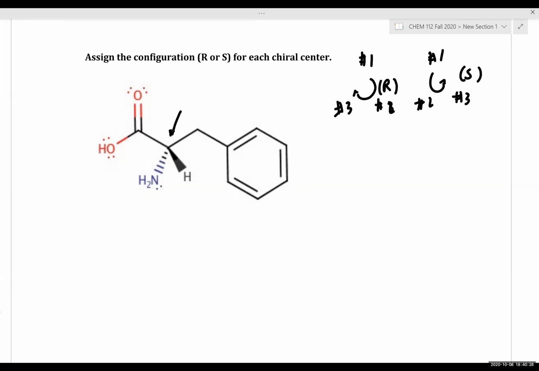And we'll discuss this example in about 2 to 3 minutes. Don't be shy to share any questions you have in the chat, as well as your proposed stereochemistry assignments.